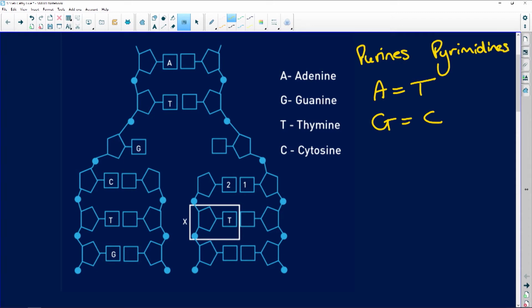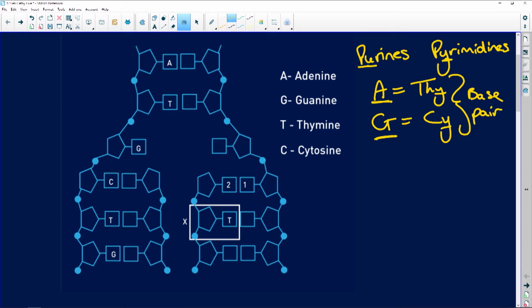Your pyrimidines have a Y: thymine has a Y, cytosine has a Y. So Y, and pyrimidines. And purines, pure as gold. So purines are adenine and guanine. Adenine will always bond with thymine, and guanine will always bond with cytosine. These are our base pairs.